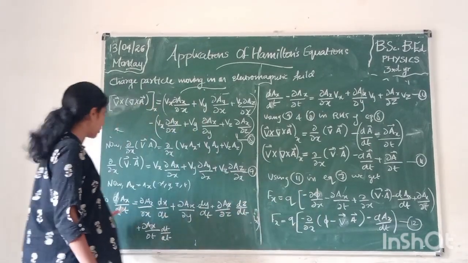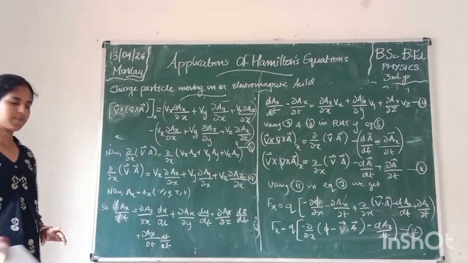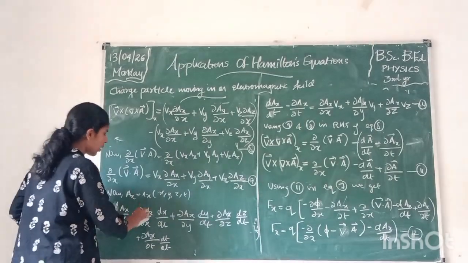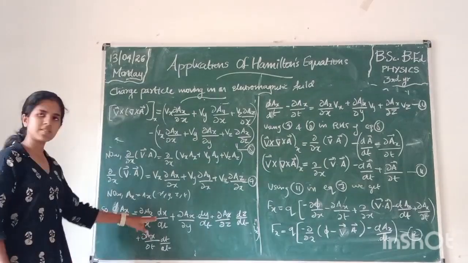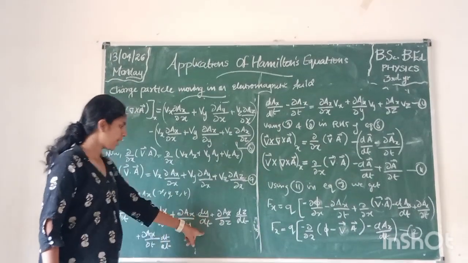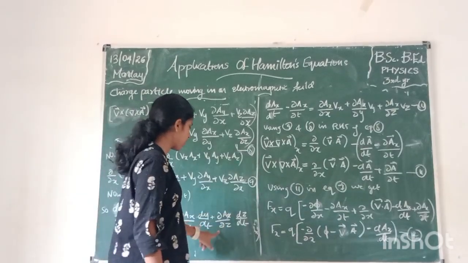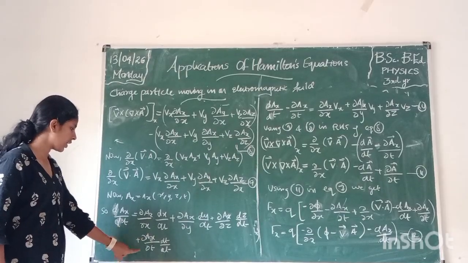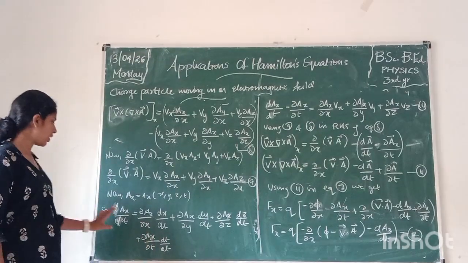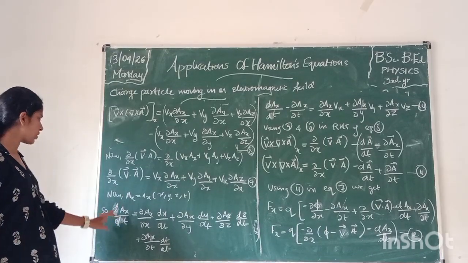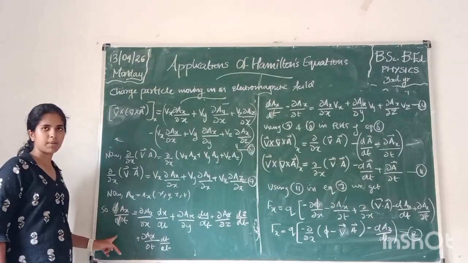For that we are doing this much. So da_x/dt equals ∂a_x/∂x dx/dt plus ∂a_x/∂y dy/dt plus ∂a_x/∂z dz/dt plus ∂a_x/∂t. This is the derivative of a_x with respect to time.